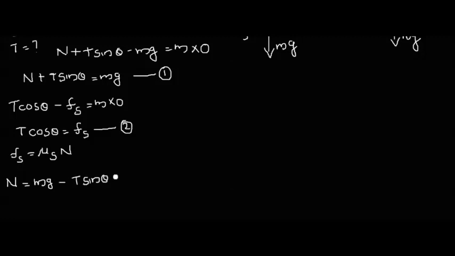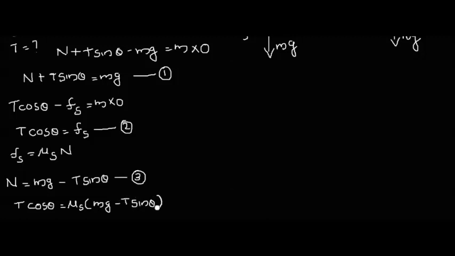Let this be equation number 3. In equation number 2, I can rewrite T cos theta is equal to mu s into N, and instead of N I can substitute this value. So equation number 2 becomes T cos theta is equal to mu s into (mg minus T sin theta).